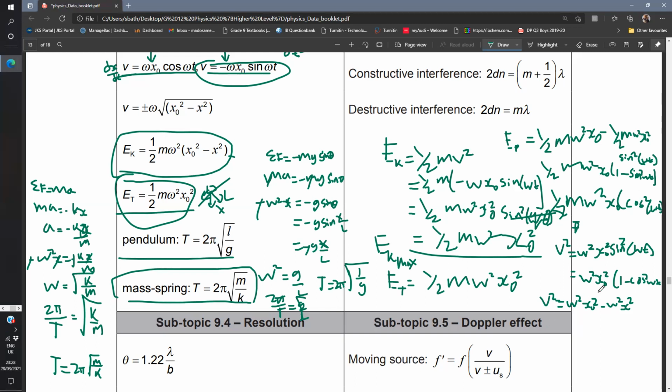Okay, so basically, now that we have this, we just wrote this as cosine squared omega t. And then of course when we simplify this we will get x, because x is basically the distance.